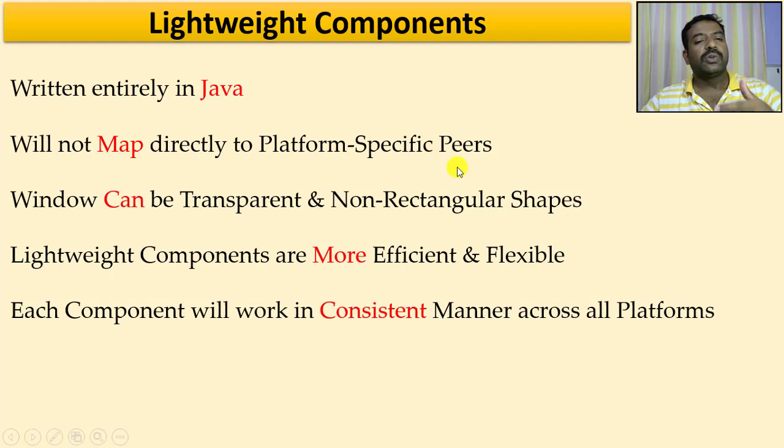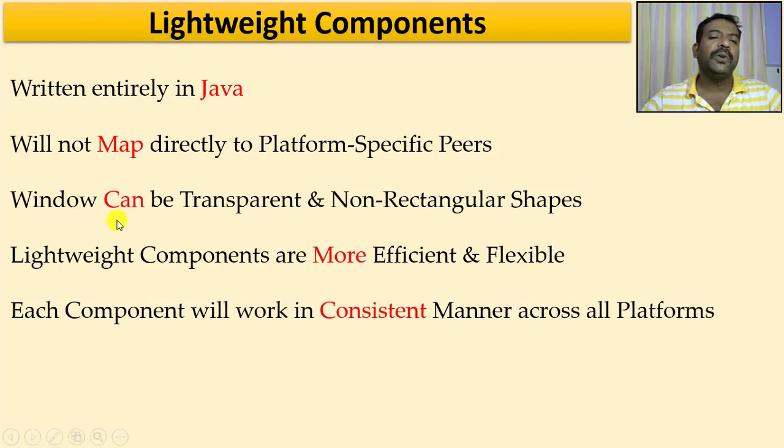So now there is no direct mapping between my application and the platform I am using, which was the case in AWT. It has been totally separated. My job is to design what I want. Later on, let the platform deal with it the way it wants, but I say what should be done and how it should be handled. The rest, your operating system and the platform, should help me do.